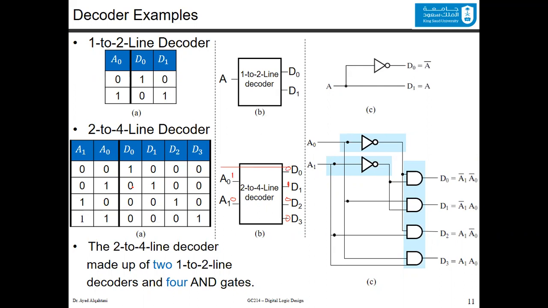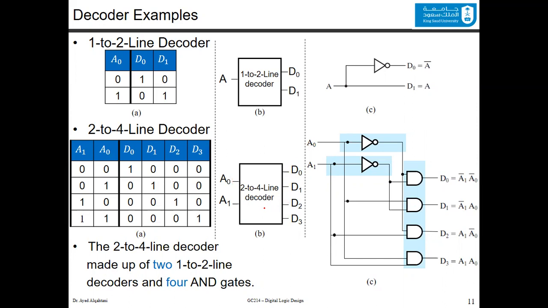So you can see that it's giving you 0, 1, 0, 0. Similarly for the next one, you will choose 1 to be here, and the other data lines are 0. The last one, if it is 1, 1, you will choose this one to be 1, and the 3 here are going to be 0.